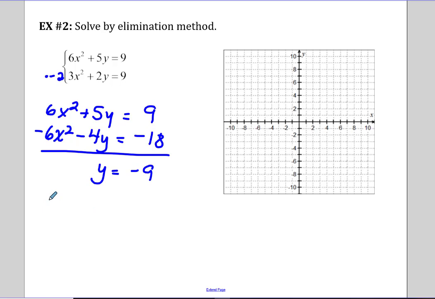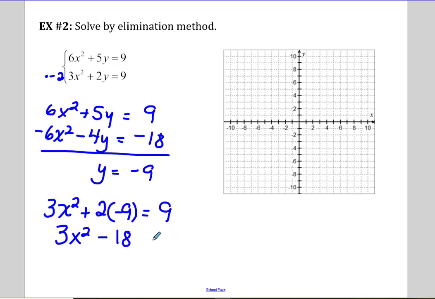And then going with back substitution into 3x squared plus 2 times y is positive 9. So 3x squared minus 18 is 9, which tells us 3x squared is 27.